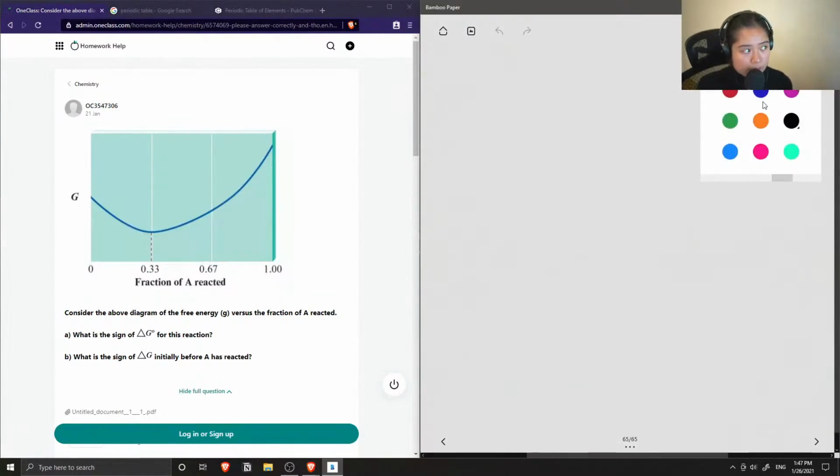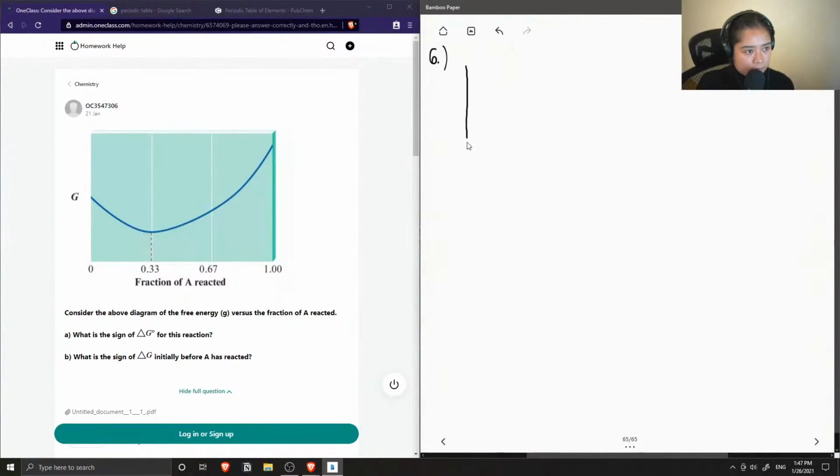So let's try to draw this graph as well. We have G, and down here we have the fraction of A reacted in thirds.